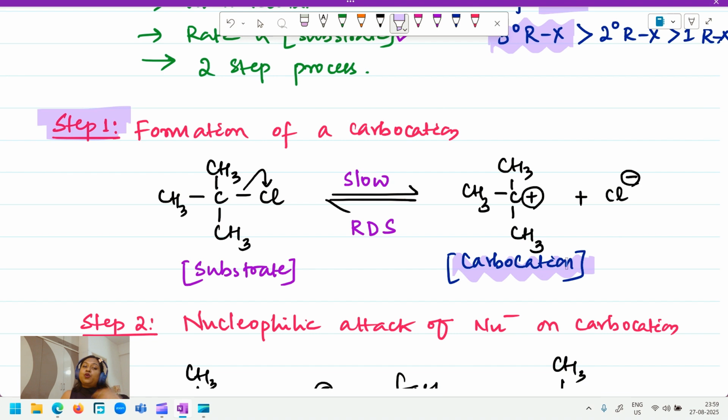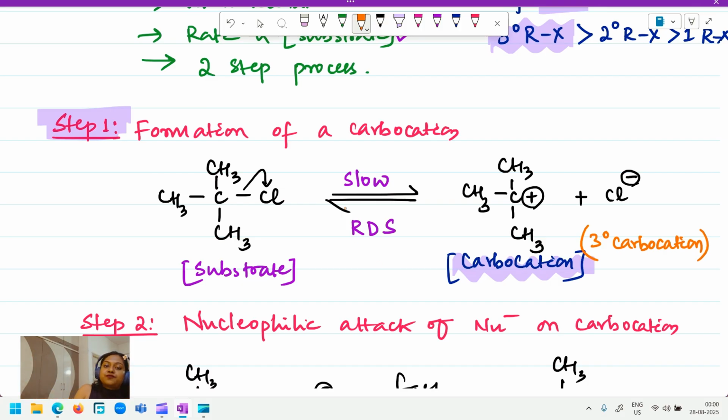Which carbocation would the molecule want to form, the one that's most stable or the one that's least stable? Energetically, the carbocations that are most stable, right? So a tertiary carbocation is formed super fast because energetically the molecule wants to form that carbocation.